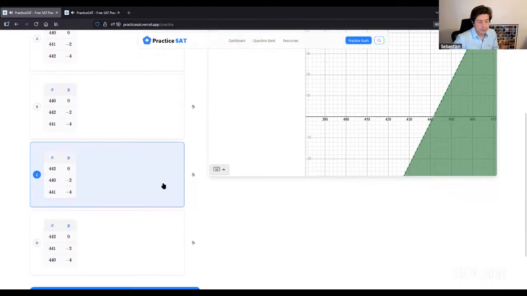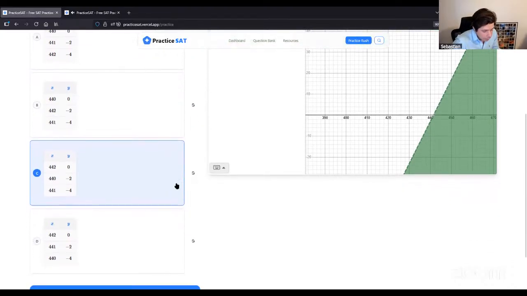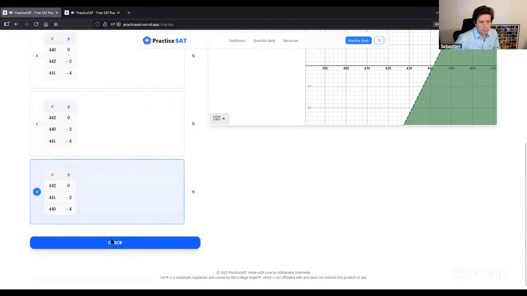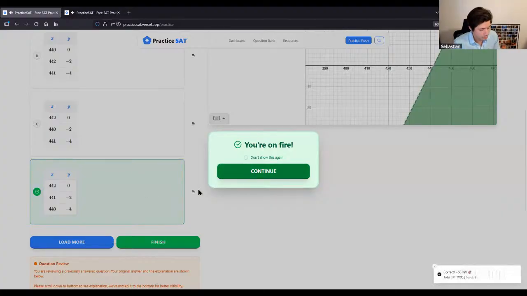So it has to be one of those. Then 441 has to be below -1. And 442 has to be below. Okay, so it should be this one. Okay, great. That one really stumped me.